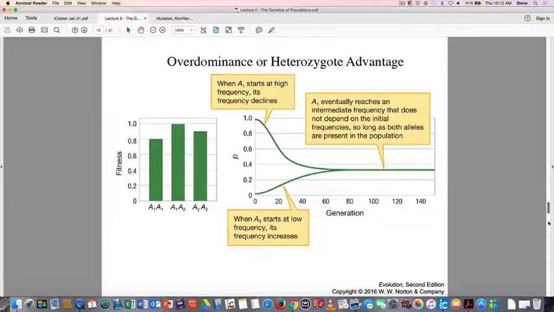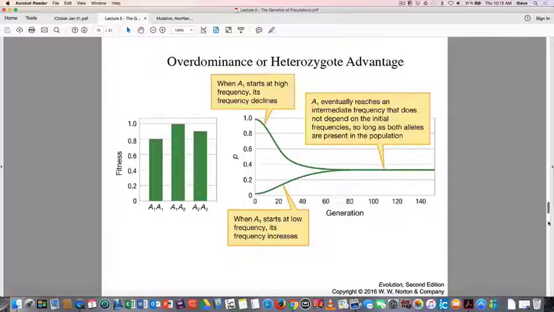The idea here is that it goes to some value where it becomes stabilized after about 60 generations, no matter where you start. So if you start at a low frequency of the A1 allele, it moves towards that equilibrium value, and that's probably about 0.35 maybe. If you start above that equilibrium value, it declines down to it. So this is what we call a stable equilibrium.